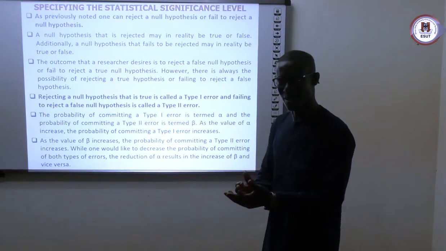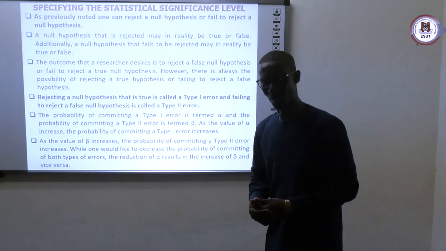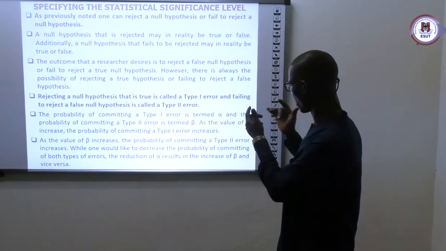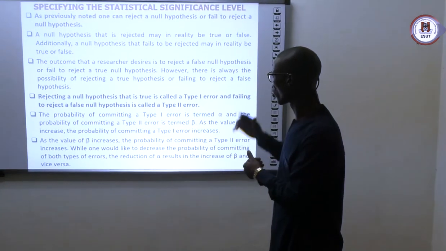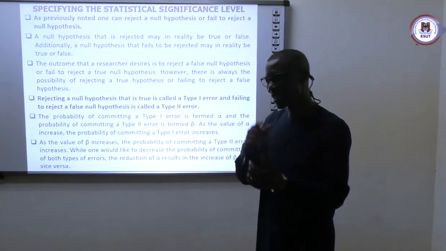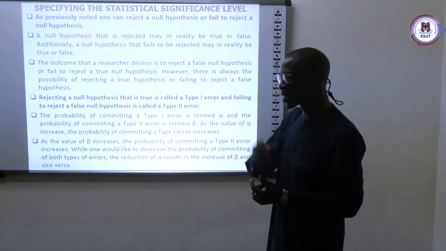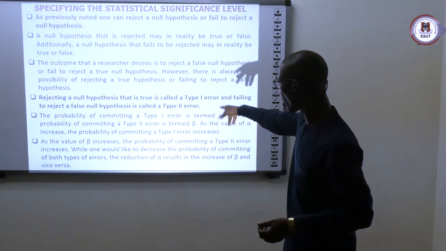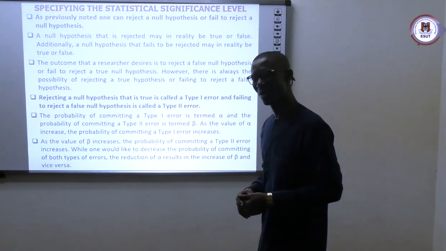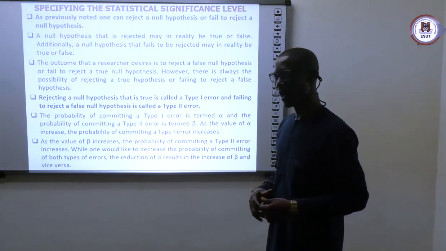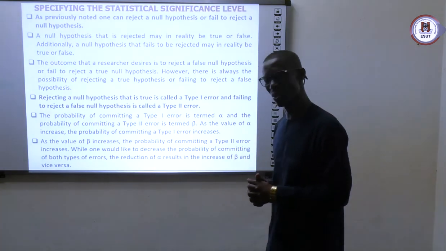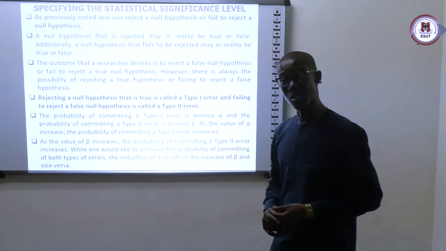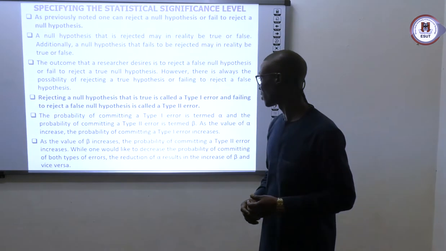The test statistics guides the decision in rejecting or accepting the null hypothesis. But there is a key factor in why you reject a null hypothesis. Rejecting a null hypothesis that is true and supposed to be accepted will lead us to committing what we call type 1 error, as we said before. And accepting a wrong null hypothesis leads us to committing type 2 error.